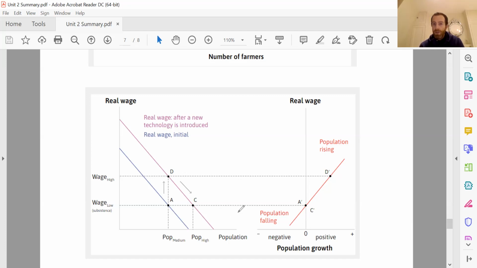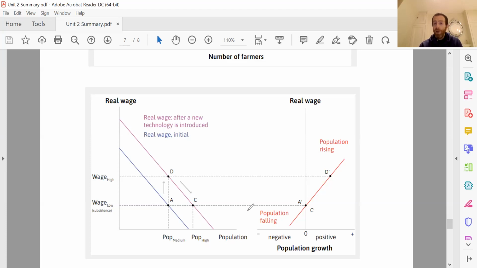So let's use this to analyze what would happen under a particular change. The change you can see here is a move from this blue relationship between wage and population to this purple one. Now, the first thing we need to do is identify our starting point.